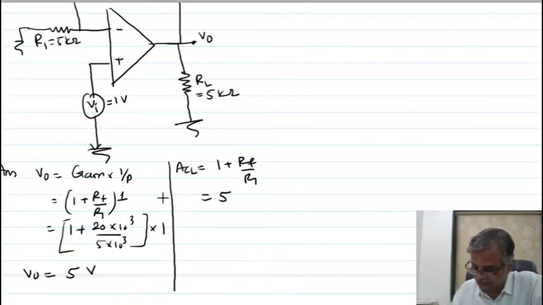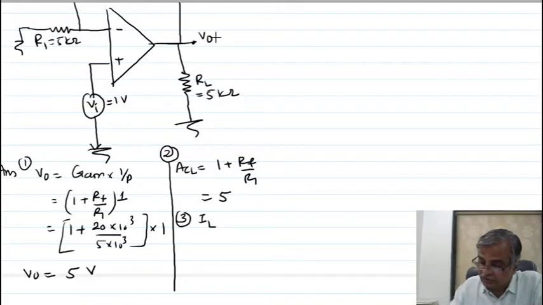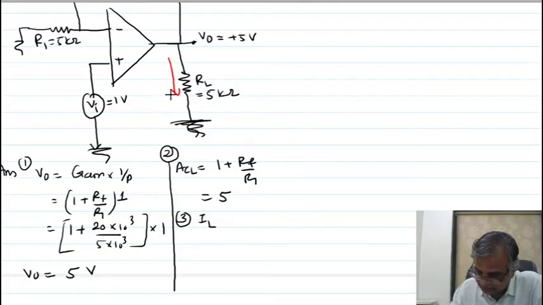Third question. Look here, this is your VO equal to 5 volt. This is your ground. So naturally you can say current must be flowing in this direction, from higher potential to lower potential.